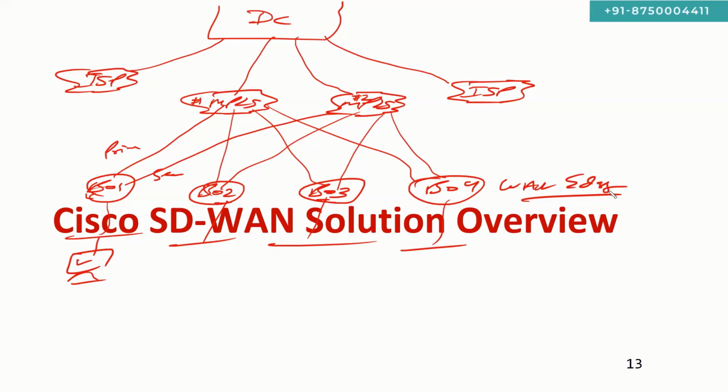I'm just talking about the edge routers where your WAN connections have terminated. So if you needed to modify policy, and let's assume that you were using BGP, border gateway protocol, right?